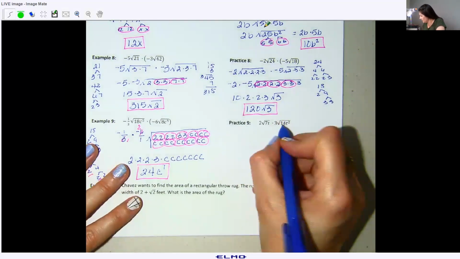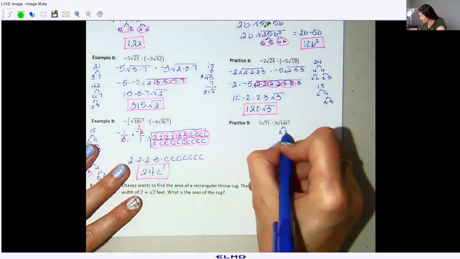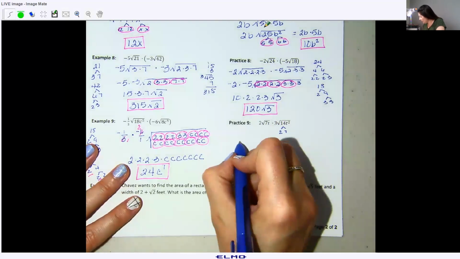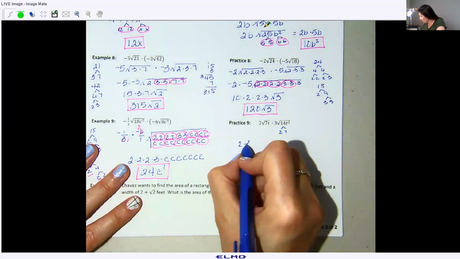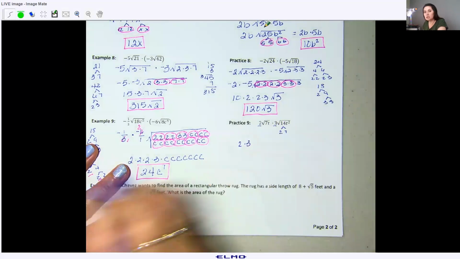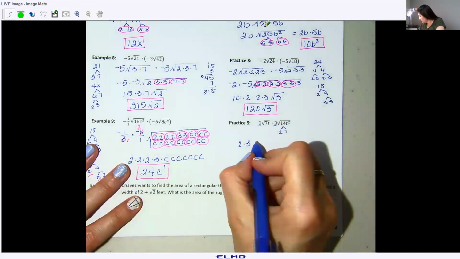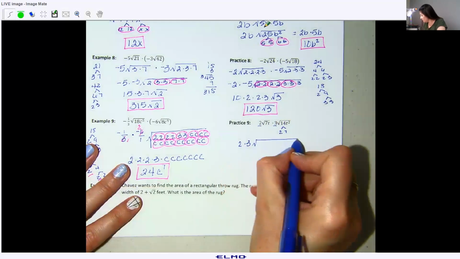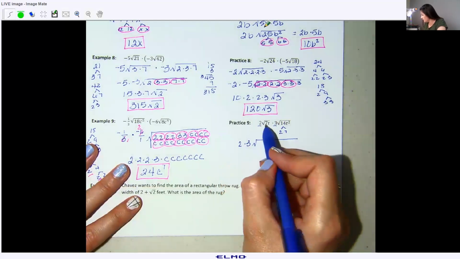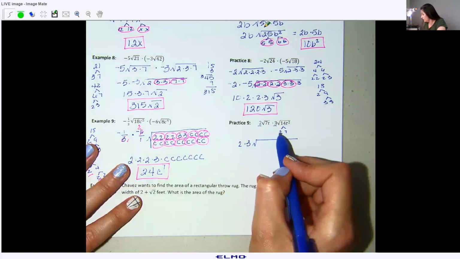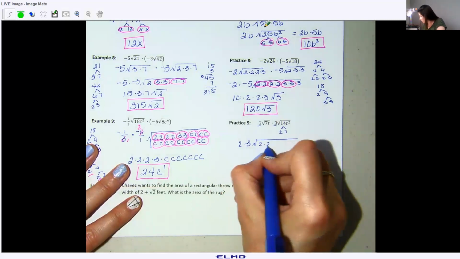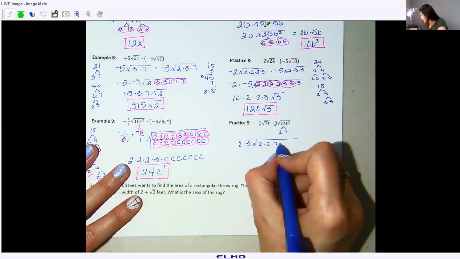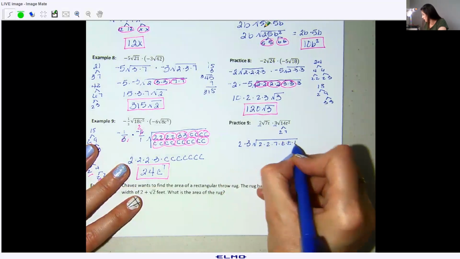Okay, so 14 factors out to 2 and 7. So I have 2 times 3 because I'm multiplying both my coefficients. And then inside the radical, I have a 7 and a 2, okay? So 2 times 2 times 7, and then I have 3 T's.